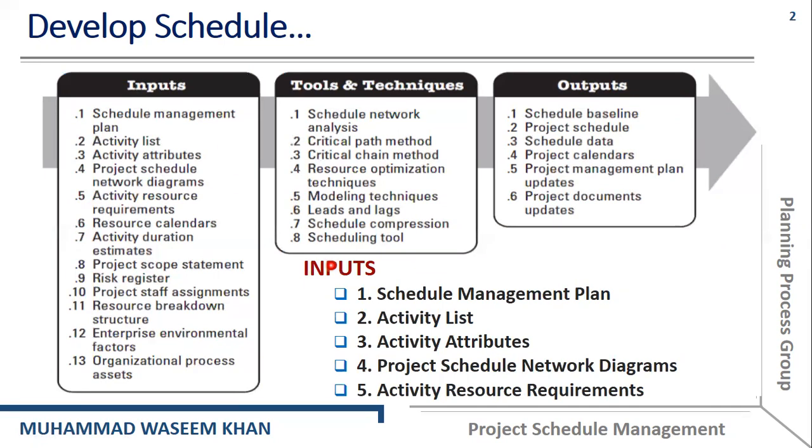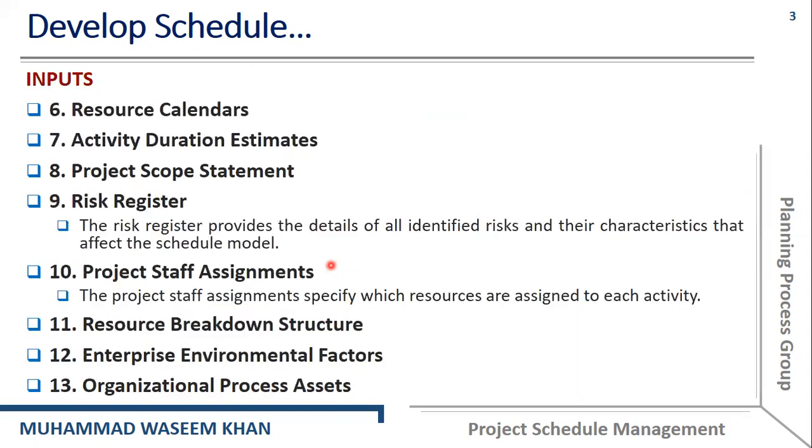The inputs include a schedule management plan, activity list, activity attributes, project schedule network diagrams, activity resource requirements, resource calendars, activity duration estimates, project scope statement, and all of the above eight inputs we have discussed in the previous lecture. So we are not going to discuss those inputs here.